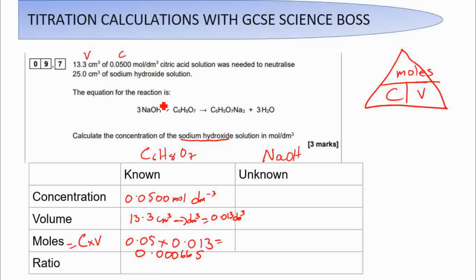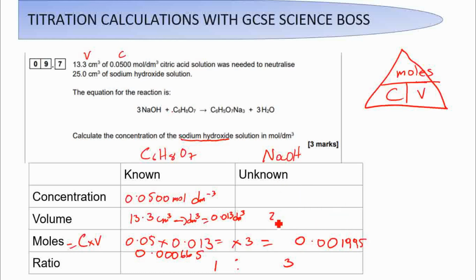Then let's look at the relationship, the ratio. It's a 1 to 3 ratio. So we have to times the moles by 3, and timesing that by 3 gives me an answer of 0.001995. That's now your moles of sodium hydroxide.